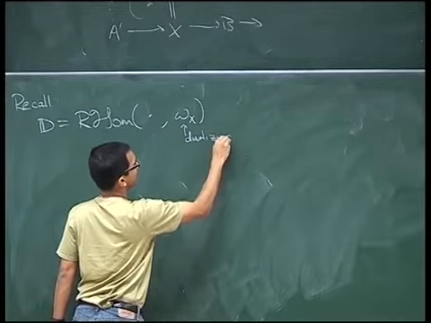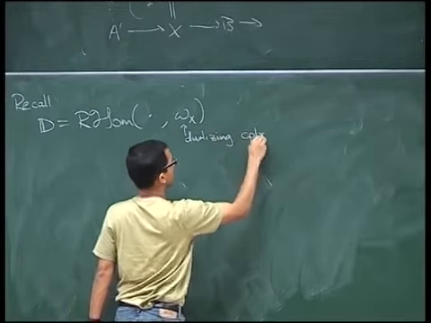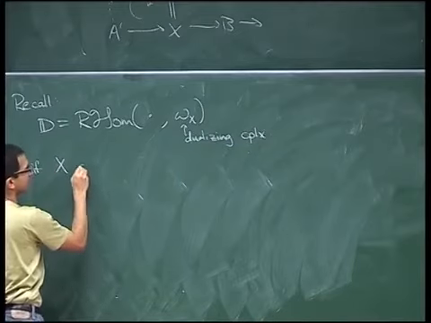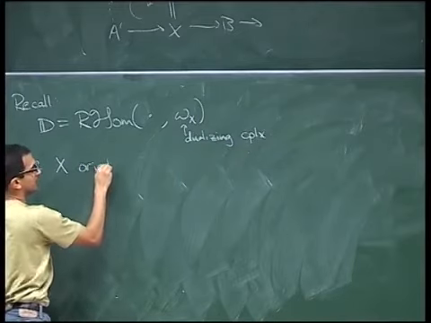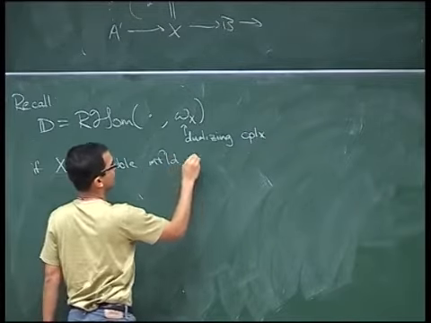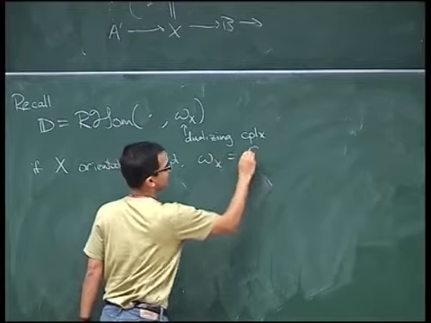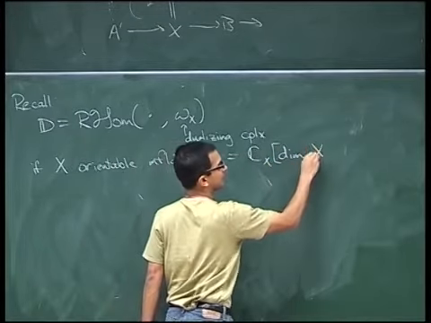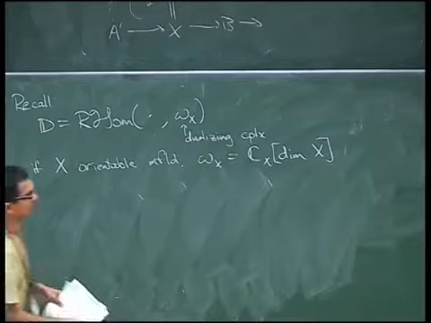When I wrote it down yesterday, I wrote it down with just the constant sheaf here. So if X is an orientable manifold, omega X is just the constant sheaf shifted by the dimension of X.